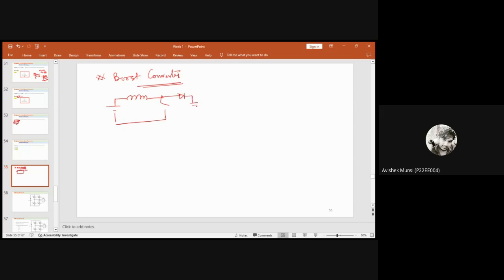So the boost converter is like this. You have a load R, an inductor L, and this was your switch. During the turn on time of this switch, it will be equivalent to this. This is your Vin, and this is your VL. As I said, the on time voltage will be Vin. When the switch is off, it will be like this.